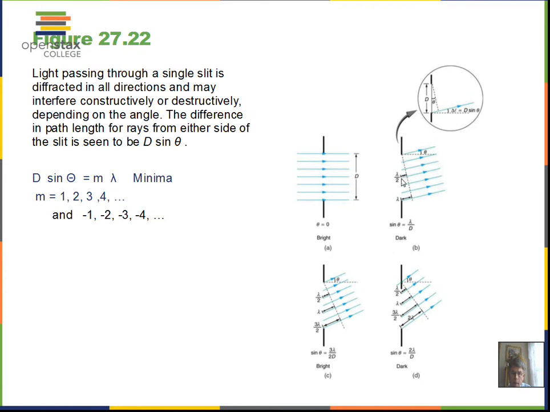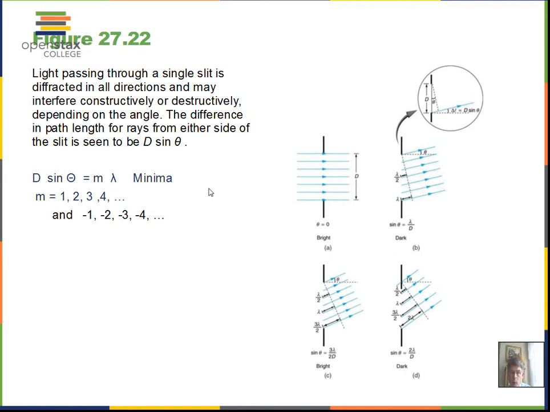There would be a valley here, a peak all the way across the opening, but half a wavelength out towards our spot on the screen, this will be a valley at this dotted line. So I have a peak and a valley for these two, that's going to cancel. There's a peak and a valley for these two, that's going to cancel. There's a peak and a valley for these two, that's going to cancel. That's going to produce a minimum on the screen.